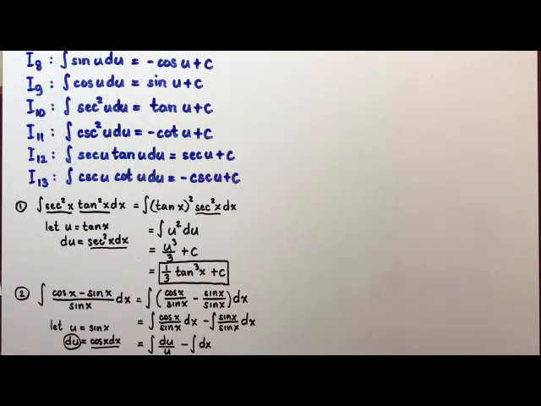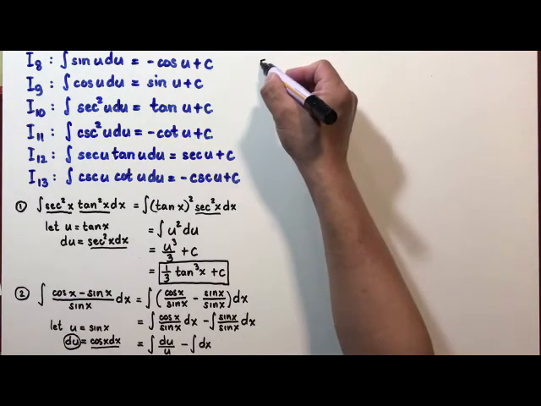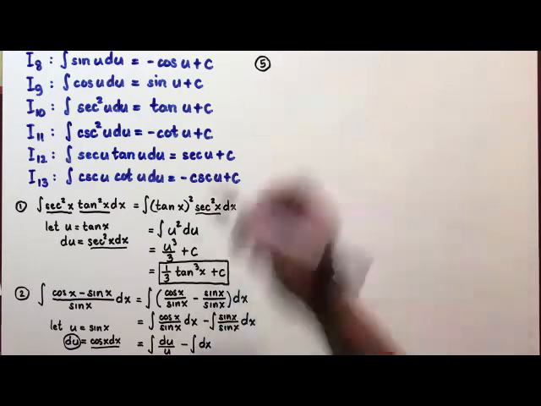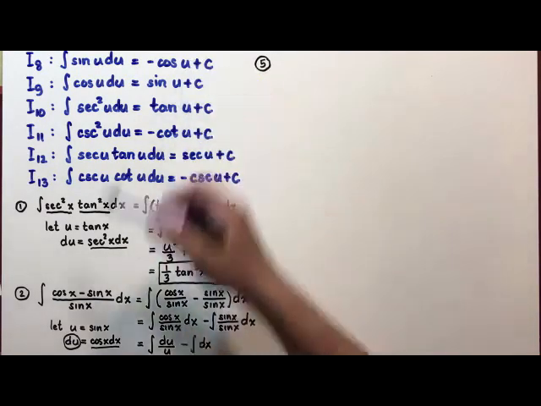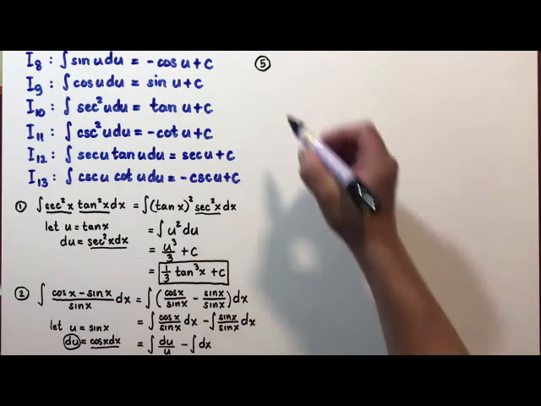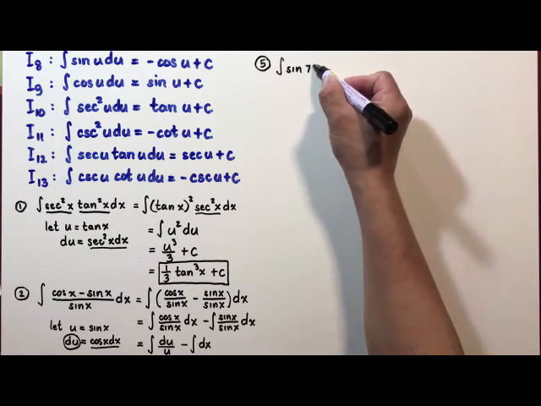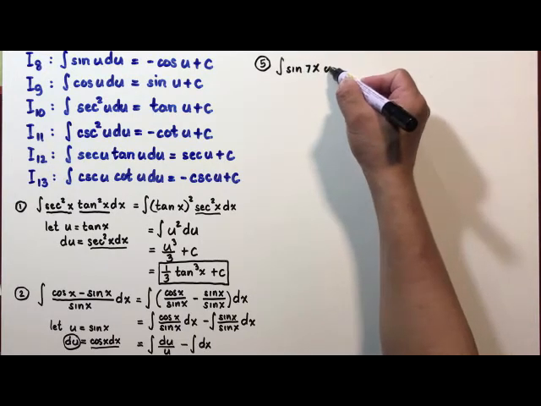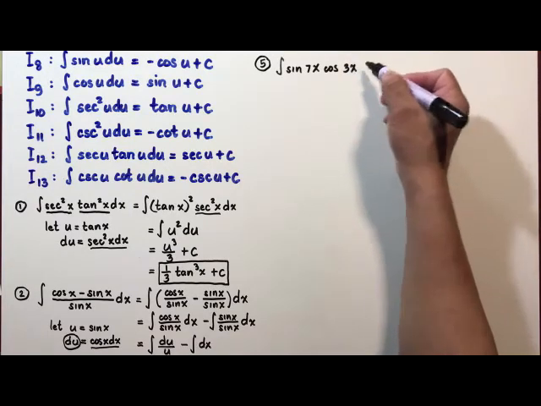So at this point, I will proceed to my 5th example here. So example number 5. I will give here an example that would apply the first 2 formulas here. So what is the integral of sine 7x times cosine of 3x dx?